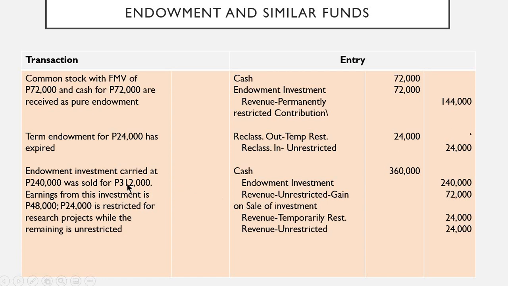Na 72,000, that's 312,000 selling price less 240 na carrying amount, that's 72,000. Gain na siya. It would be unrestricted na. Okay. And another credit for revenue, temporarily restricted, okay, for the 24,000 as imposed, and a revenue unrestricted for the remaining 24,000. Ayan, or from the 48,000 income of the endowment investment na nabenta.